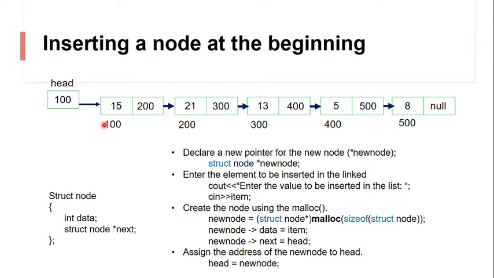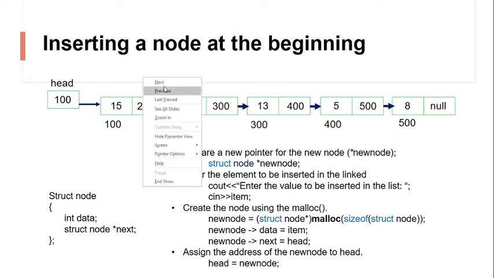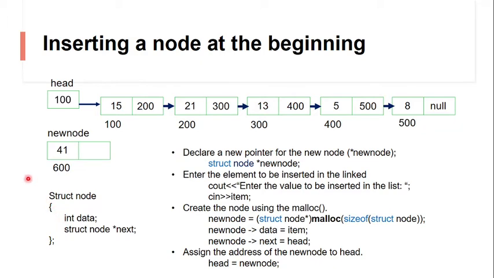Now if we are trying to insert, we will be moving from 100 onwards. Let's say we will be inserting a new node under a memory address of 600, whose data item is 41, which we'll insert right before item 15.